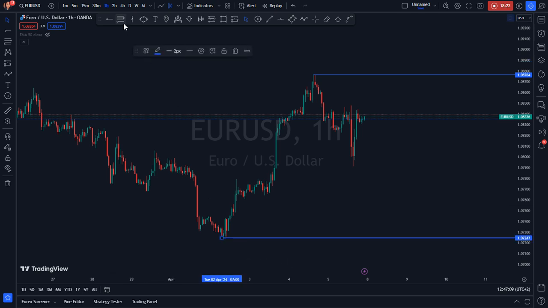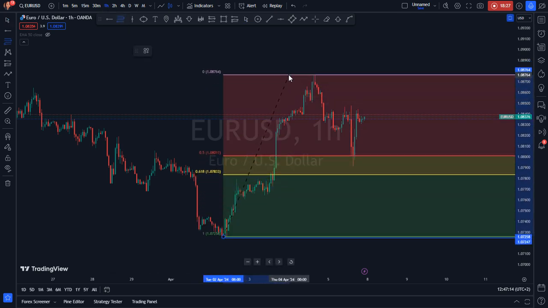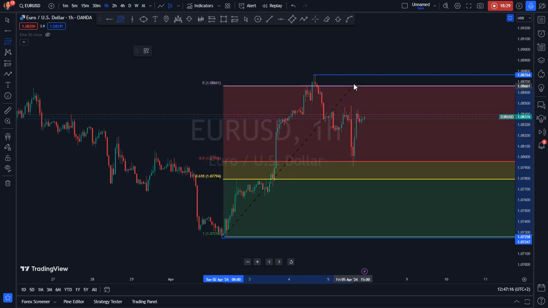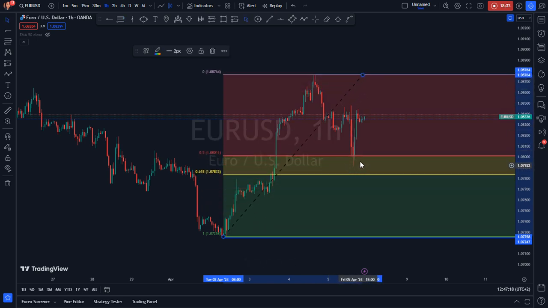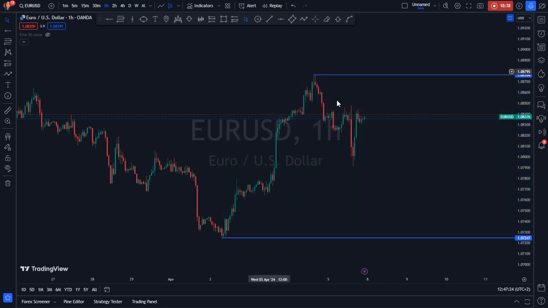Even if you use the Fibonacci retracement zone, you can stretch your Fibonacci and see that the market has touched your golden area, where the market usually takes a turn to go all the way up. So I see Euro USD going up tomorrow.